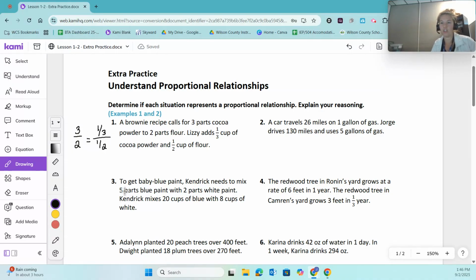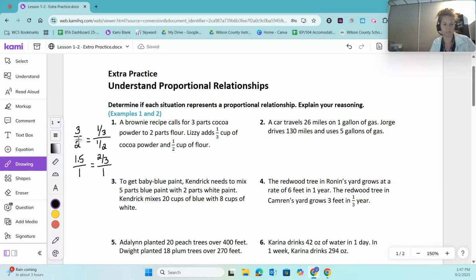Well, we can find the unit rate of each per 1 cup of flour. And we do that by dividing these. 3 divided by 2 is going to give us 1.5 cups of cocoa powder to 1 cup of flour. And 1/3 divided by 1/2 is going to give me 2/3 cup of cocoa for 1 cup of flour.